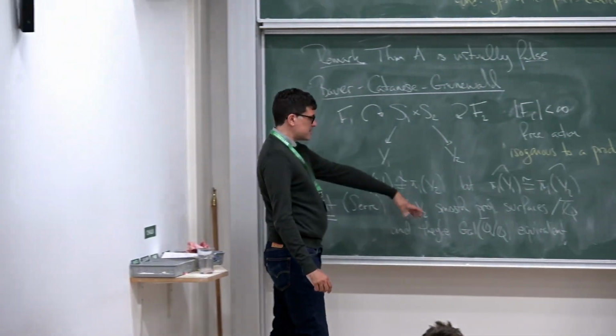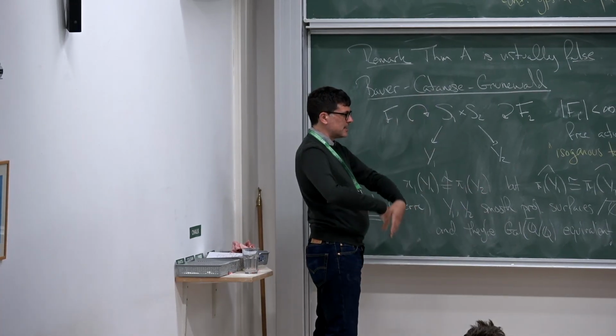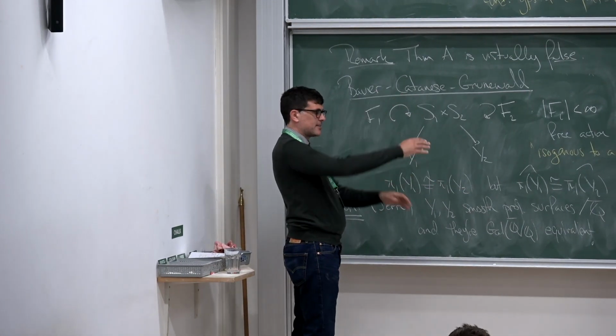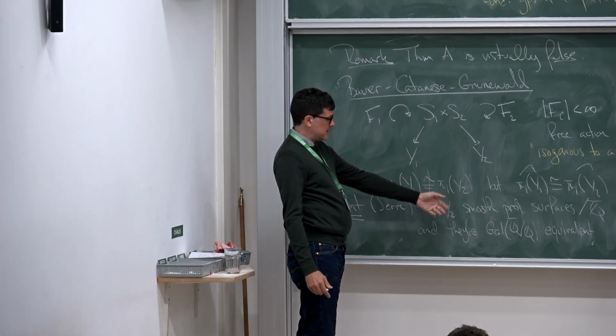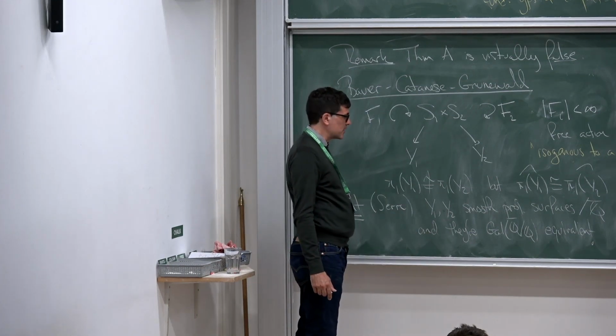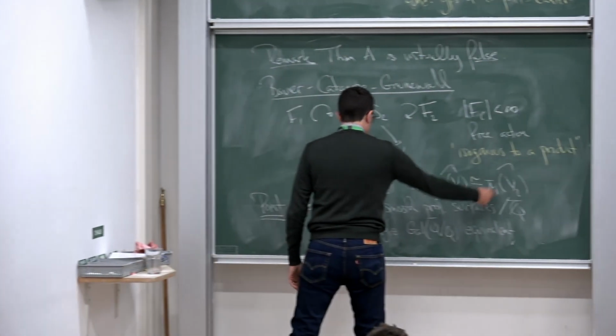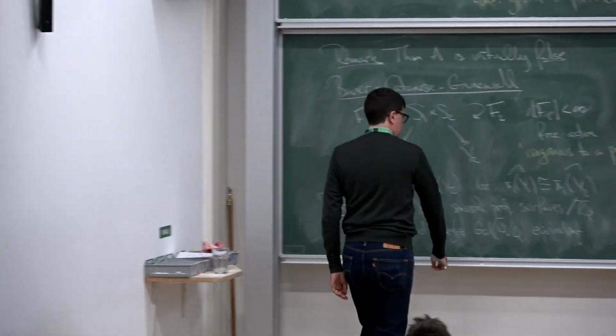So these are cut out in some projective spaces by polynomials that have algebraic coefficients, and you can hit those polynomials with the absolute Galois group and change Y1 to Y2. And Serre's observation is that this doesn't change the profinite completion.